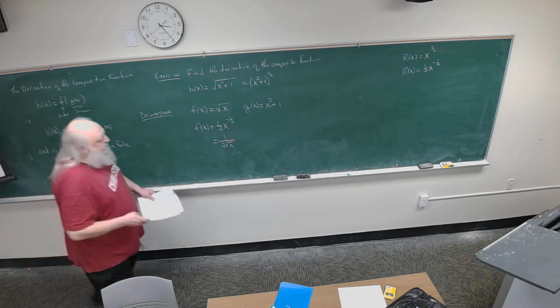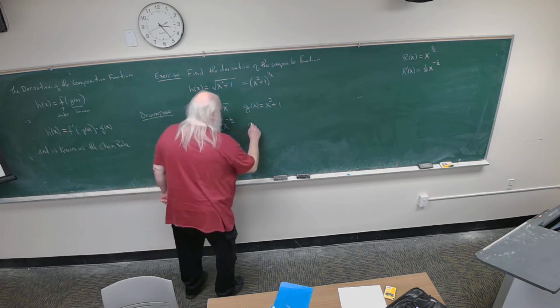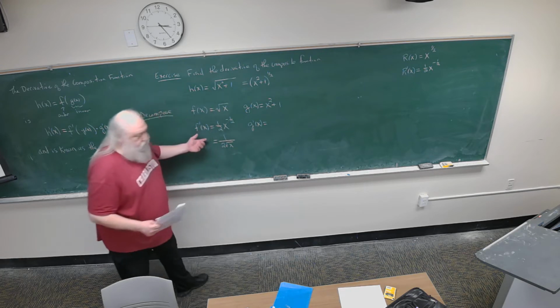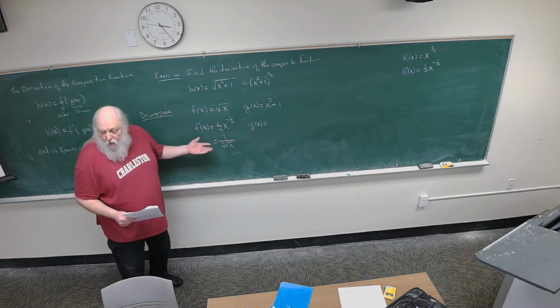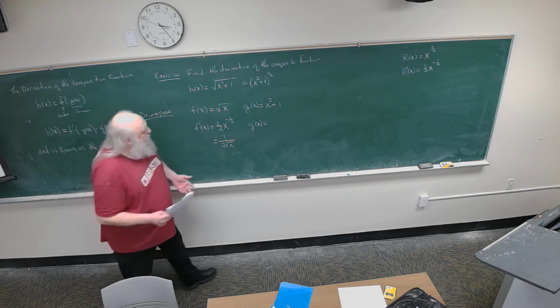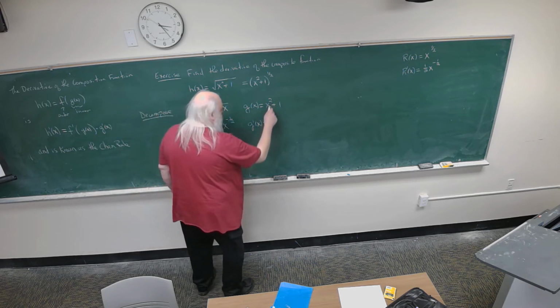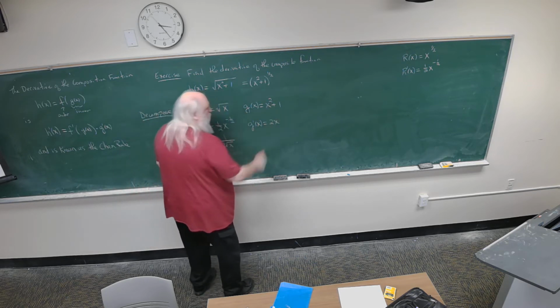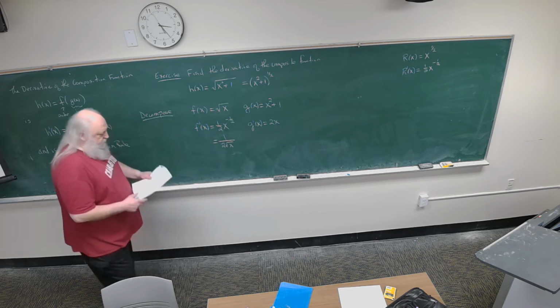And g prime of x, right, we're just using the rules of differentiation, 3.1, right? The derivative of g of x, derivative of x squared is 2x, derivative plus 1 is 0, right?